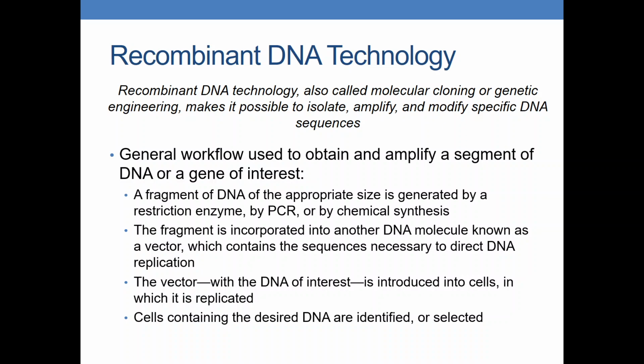So if you were to isolate genomic DNA and identify restriction enzyme sites, you could theoretically take that genomic material and just cut your DNA sequence of interest out of it. Alternatively, you could generate from genomic DNA, using polymerase chain reaction, fragments of DNA that you are interested in, simply by amplifying certain gene regions or certain DNA regions from genomic DNA.